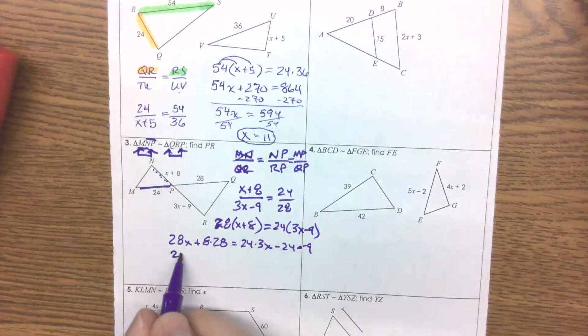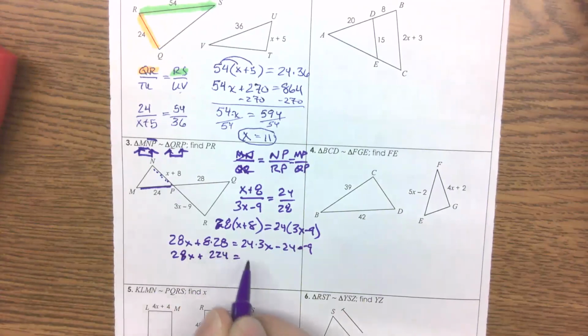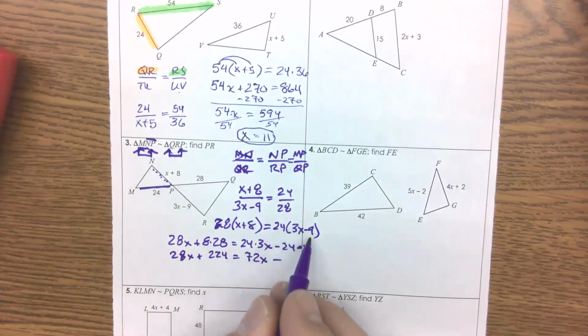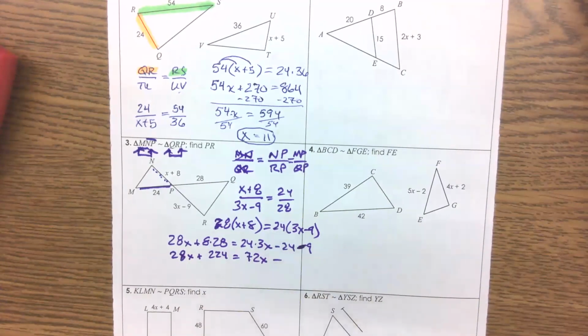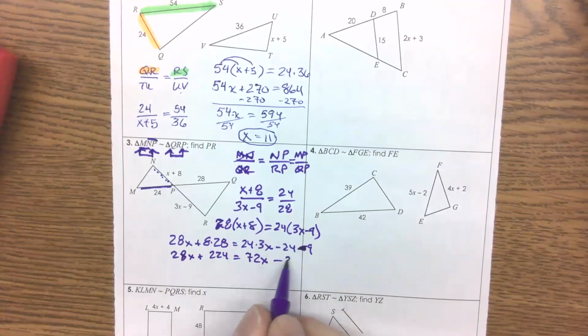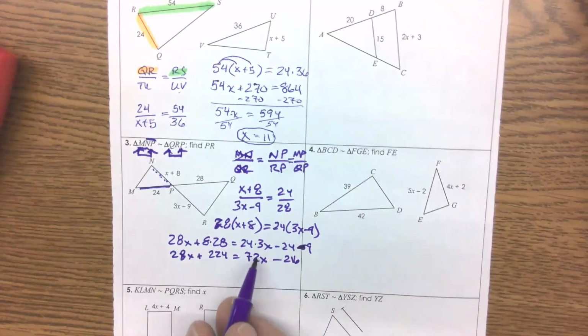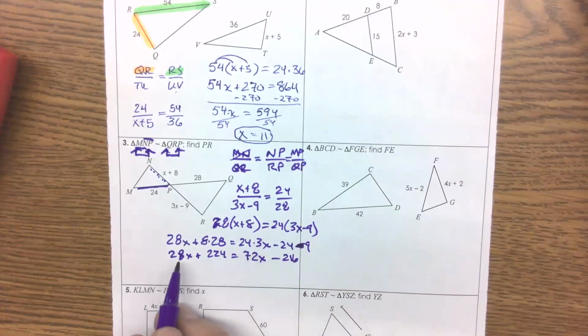So let's see, we got 28x plus 8 times 28 is 224. 24 times 3 is 72x minus 24 times 9 is 216. Well, I have 72 x's here and only 28 here.